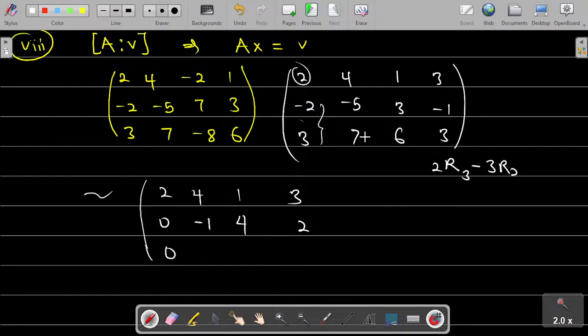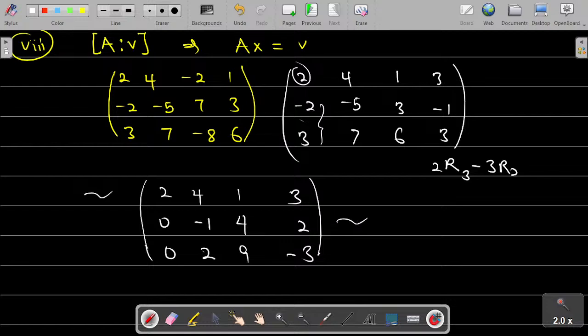Then 2 times this is 14 minus 3 times this, which is 12. 14 minus 12 is 2. Then over to the next one, 2 times this is 12 minus 3, that is 9. Then lastly, 2 times this is 6 minus 9, because minus 3 times 3 is minus 9. So 6 minus 9 is minus 3. So that's the first reduction.